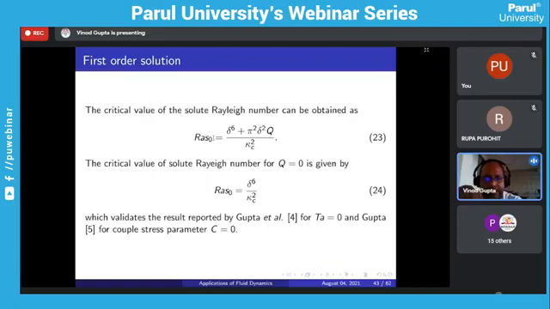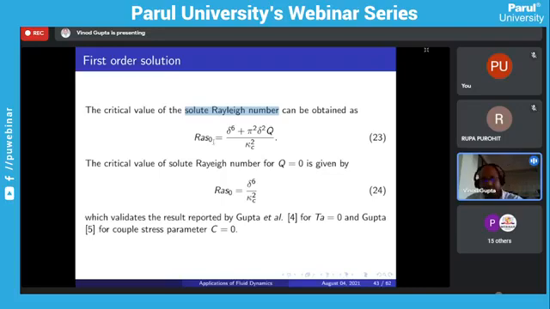So this is R_AS, that is the solute Rayleigh number. Why are we using solute? Because we have not taken the temperature in our problem. I am working only with the concentration, so that's why we name this the solute Rayleigh number. If you work with the temperature, then there will be the term thermal Rayleigh number.